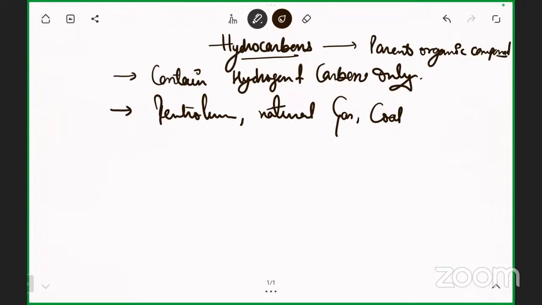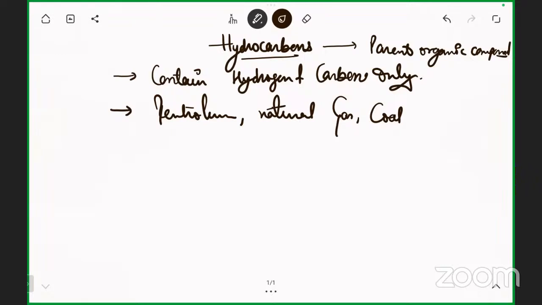Okay, if you have heard of LPG, what is the full form of LPG? LPG is liquefied petroleum gas.